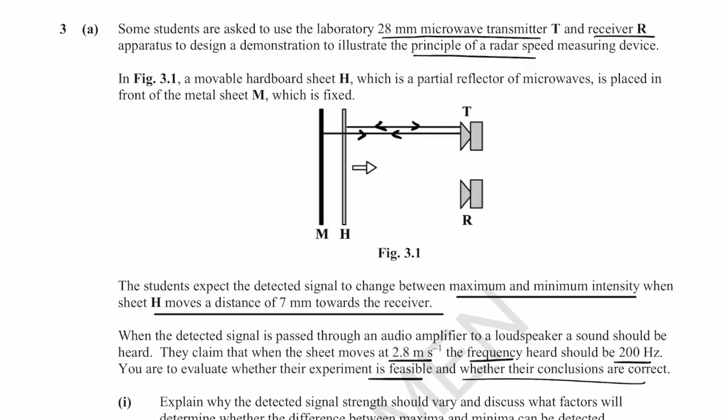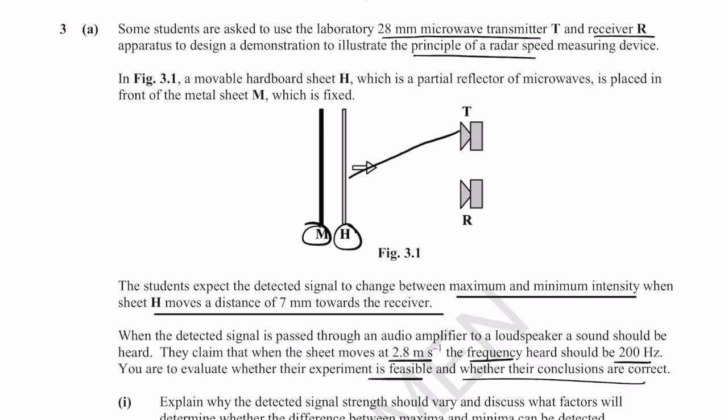You have one where H is moving, M is fixed, and as H is moving, let's say the amplitude is simply A from between the transmitter and the hardboard. Now, obviously, I've just drawn this for simplified purposes. It will actually be, if I draw it properly, this is not the best diagram, received by the receiver.